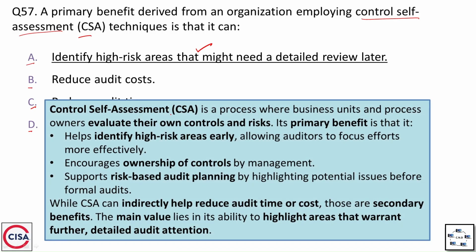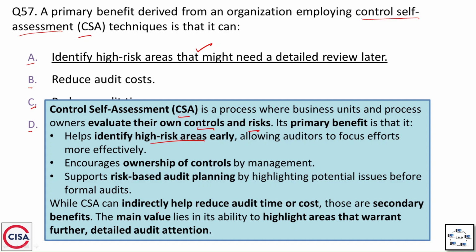Control self-assessment, that is CSA, is a process where business units and process owners evaluate their own controls and risks. Its primary benefit is that it helps identify high risk areas early, allowing auditors to focus efforts more effectively, encourages ownership of controls by management, and supports risk based audit planning by highlighting potential issues before formal audits.